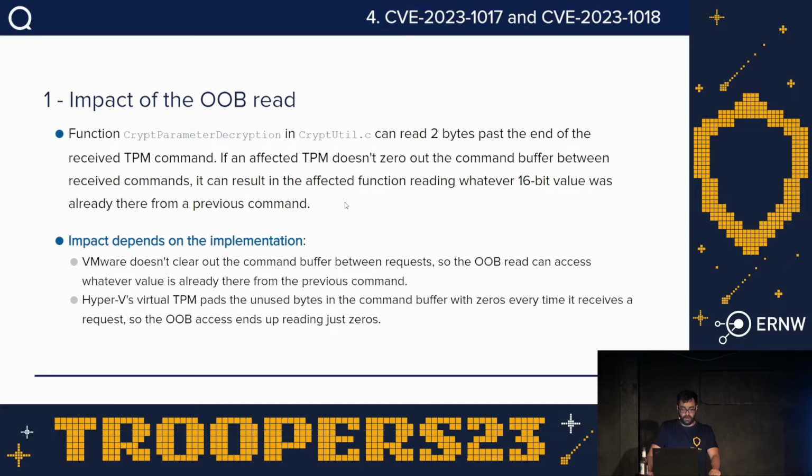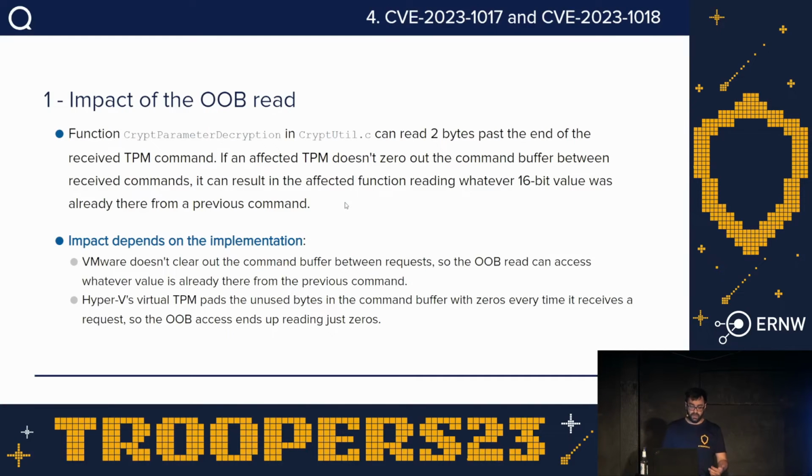In the case of Hyper-V, for every request, it pads all the unused bytes up to 1000 in hex with zeros. So the out-of-bounds read just reads a couple of zeros. So it's really harmless.